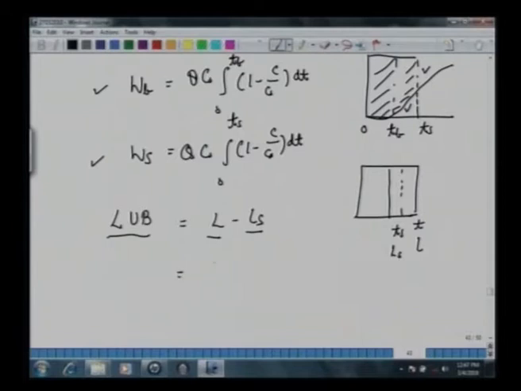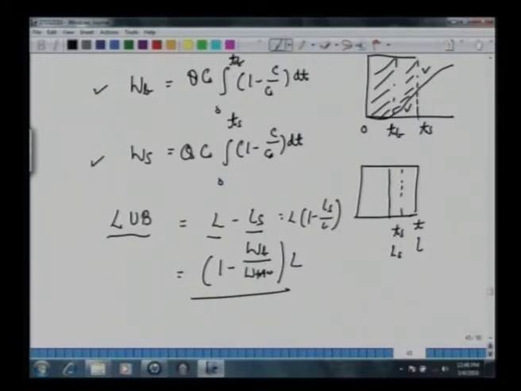That means you should be able to convince yourself this is nothing but 1 minus WB over W total, which we have calculated, into this length. So we could take L outside, it is L times 1 minus LS over L.